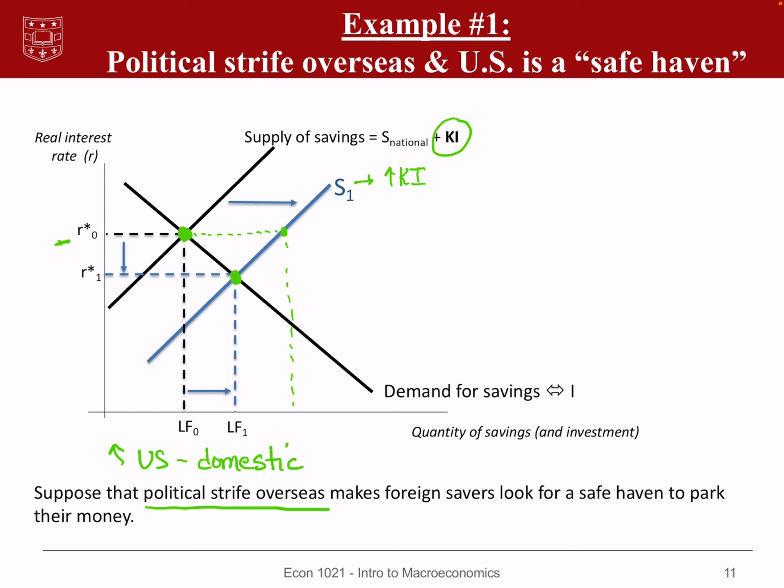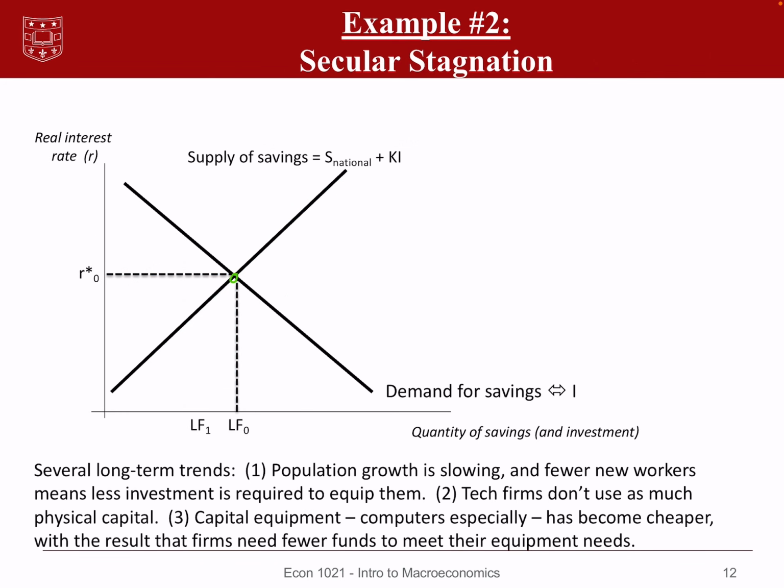And we would expect, not surprisingly, a higher equilibrium quantity of savings and investment, a higher equilibrium quantity of loanable funds transacted. So political strife overseas would lead to a lower equilibrium or neutral real interest rate and a higher quantity of investment in the domestic economy.